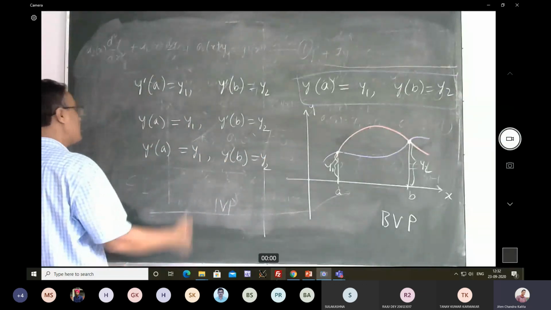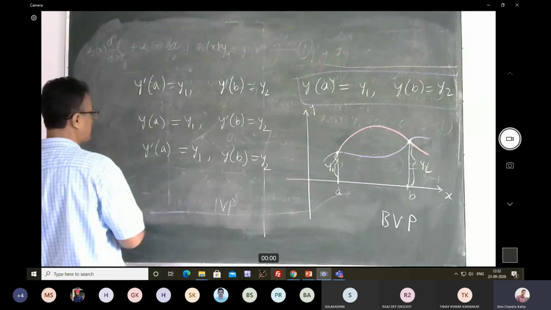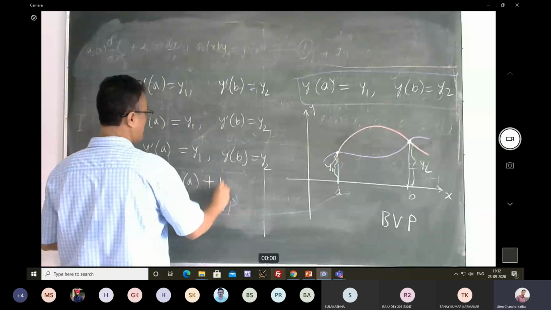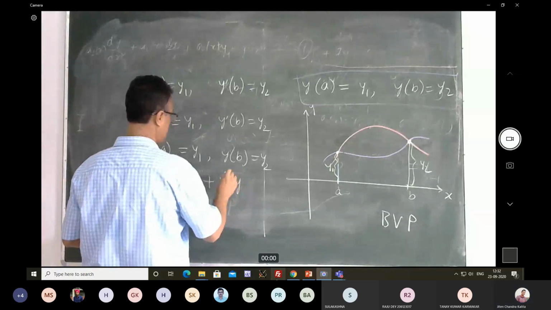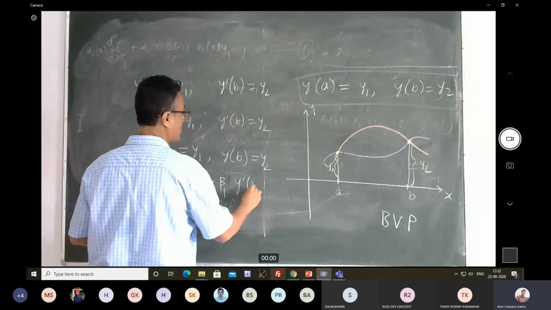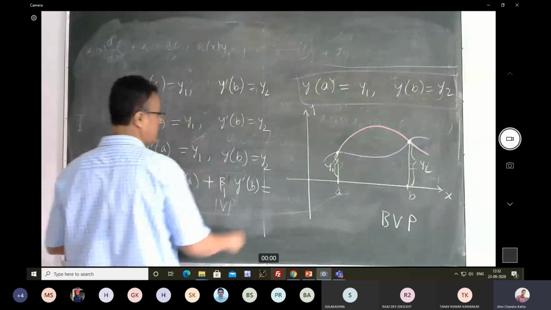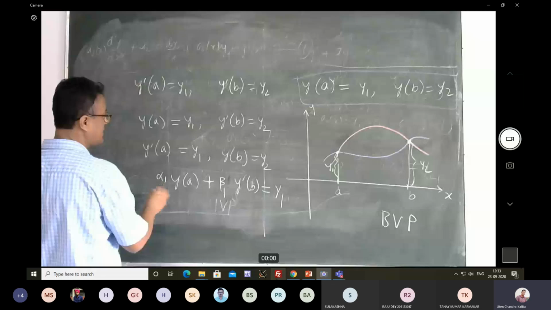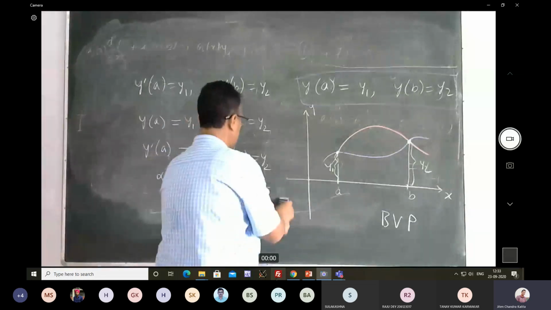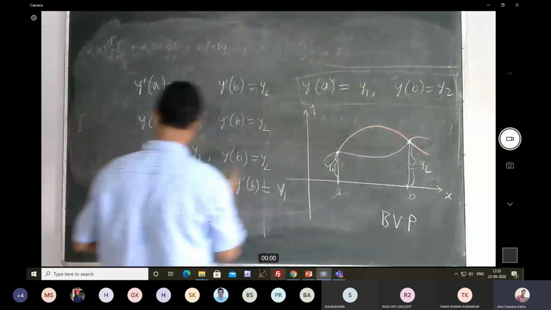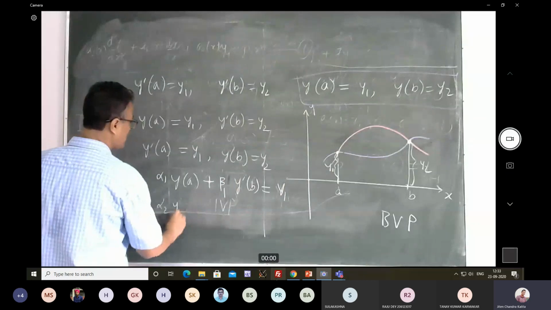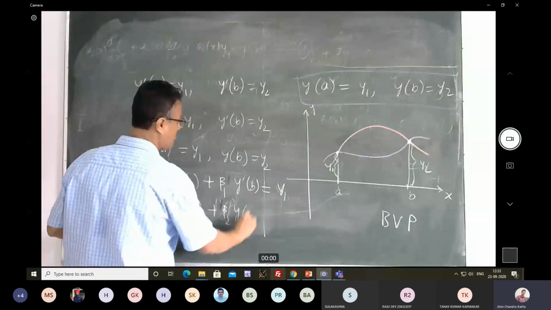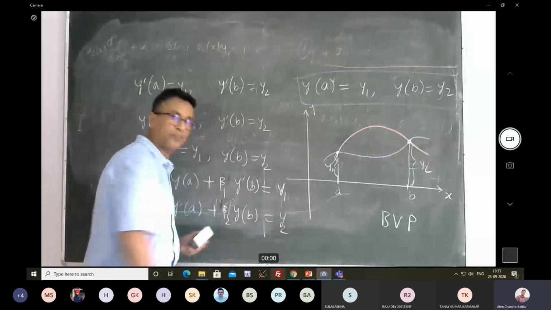And it may be some combination of both of them. It may be something like alpha 1 ya plus beta 1 y prime b equal to, say, gamma 1, and then alpha 2 y prime a plus beta 2 yb is equal to gamma 2.